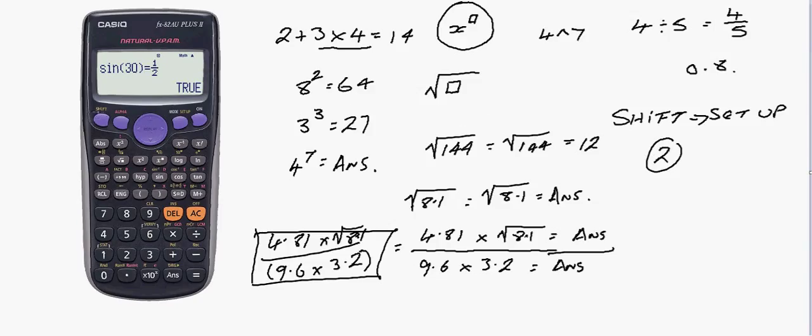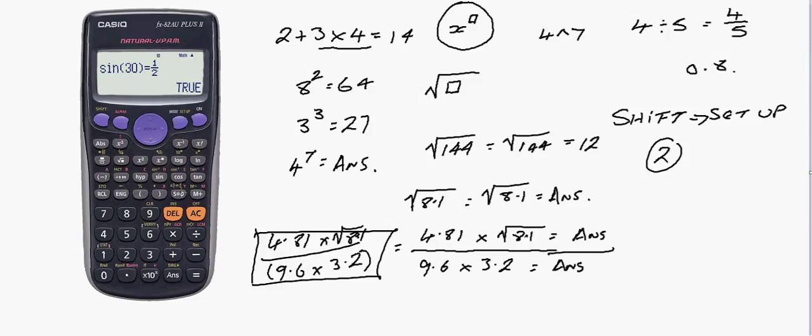So you'll see here in yellow Shift, and then here you've got mode and setup, so you've got setup. So you press Shift and after that setup, and then you press the number 2. Okay, it will then go blank, so you just clear, and then all your answers will come out decimal. If you want them fractional, you just press SD.